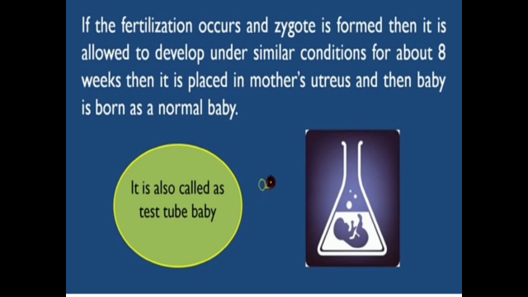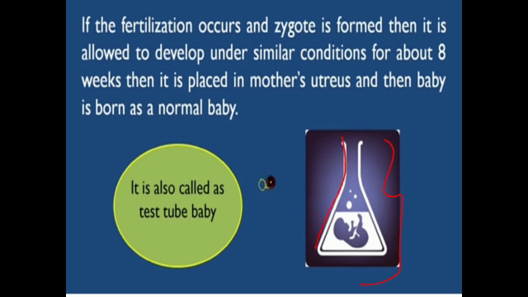The baby is always born like a normal baby, and babies born through this technique are called test tube babies. You can see here in the picture, this is a test tube.